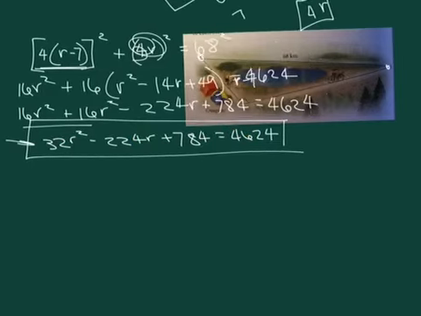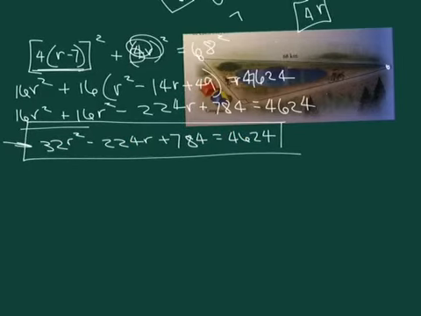So let's move all this up a little bit. So 32r squared minus, oops, that's going to be a minus, isn't it? 784 minus 4624 is 3840. Now I'm going to factor out a 32.